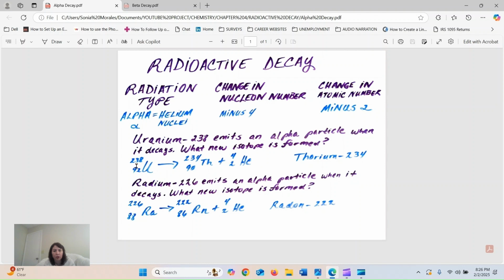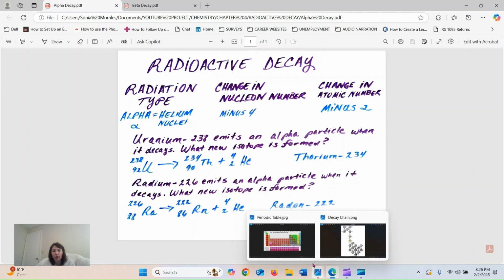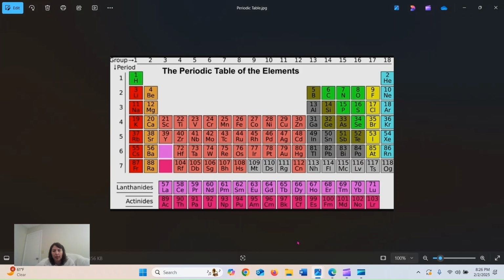In this case, it's 238. The bottom number is the atomic number, or the number of protons. In this case, 92. If you look at the periodic table of elements for element number 92, you will see right here that it's uranium.